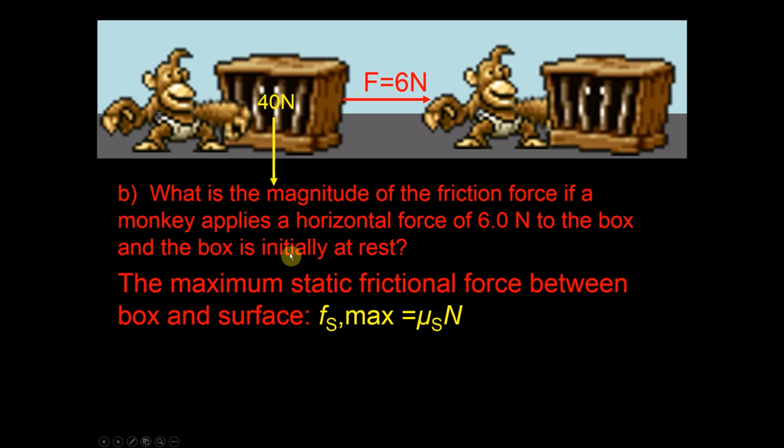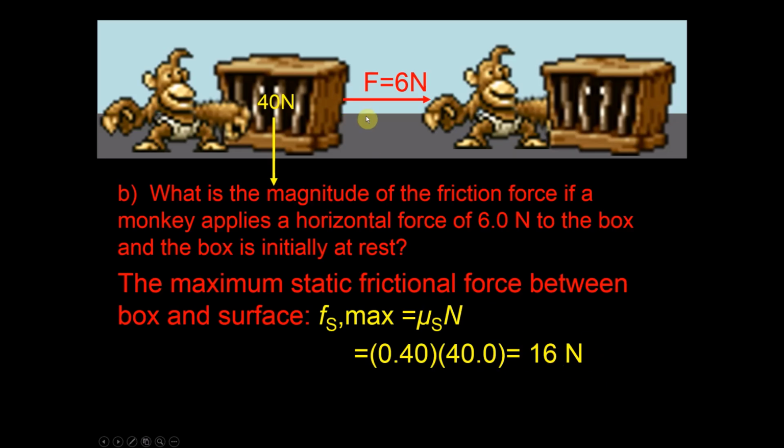We know both of these from the initial question. Mu s is 0.4 and the force due to gravity, the weight, is 40 newtons, meaning mg is equal to n, which is 40. This will give us an answer of 16 newtons. So the static frictional force that this box is responding with to the monkey's motion happens to be 16 newtons.